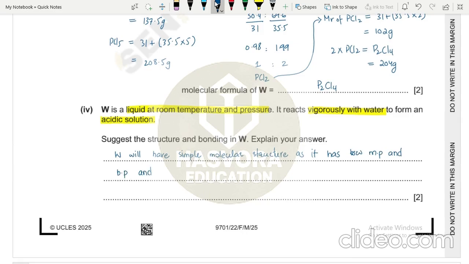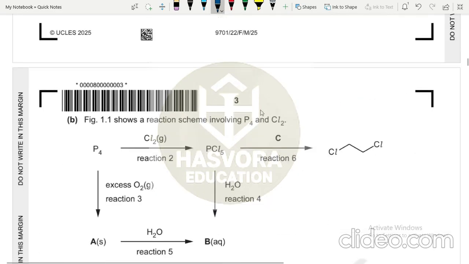And it has covalent bonding because it hydrolyzes upon addition in water. So this will be the answer. 2 marks for these 2 points, one for the bonding, one for the structure. Let's move on to part B.